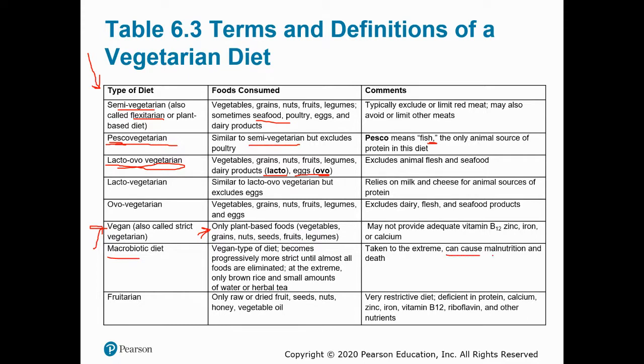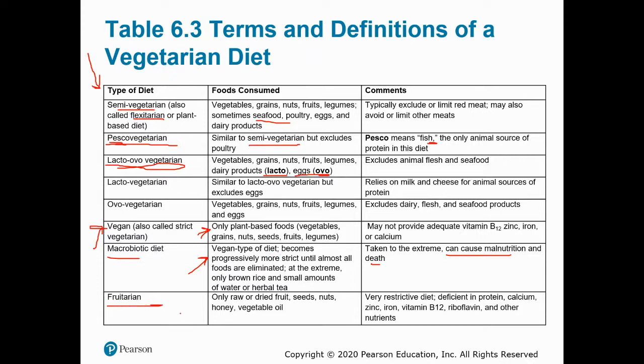They say it can cause malnutrition and death. That's not untrue, but that's, again, if it's taken to the extreme. But macrobiotic is probably one of the healthiest ways we can eat. I think it can just be more challenging in the 21st century because it's hard to access such pure and clean food anymore, sad to say.